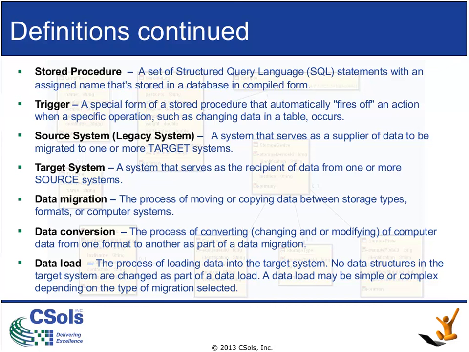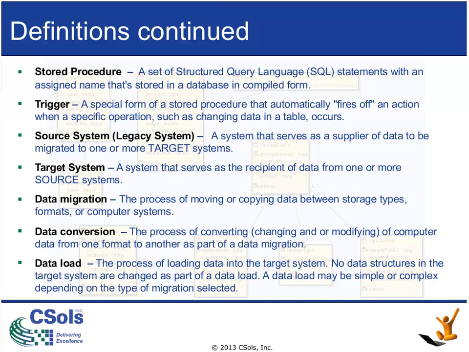Data conversion is really the process of converting or transforming data from one format to another as part of the overall data migration process. Typically, if you are migrating data from one Lab Informatics system to another, there is normally significant data transformation that needs to go on, especially if you're moving from one vendor to another.